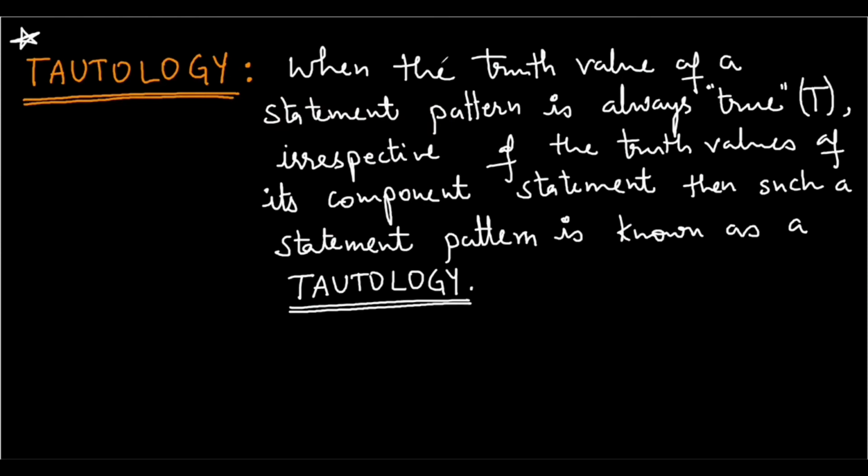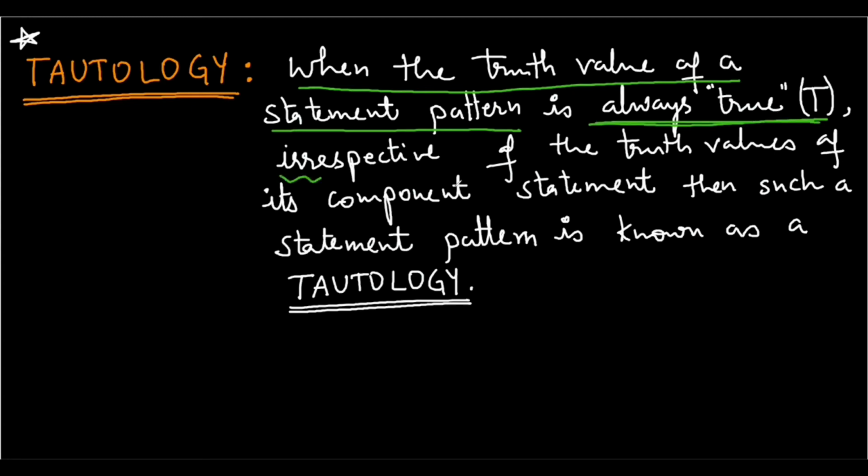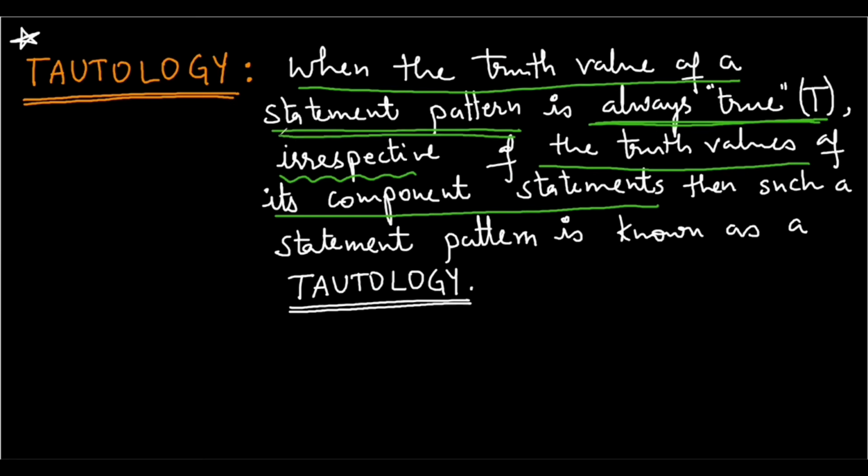When the truth value of a statement pattern is always true, irrespective of the truth values of its component statements, then such a statement pattern is known as a tautology.